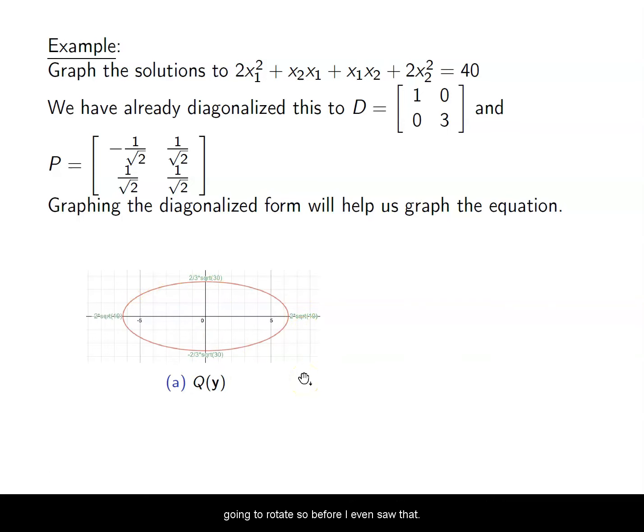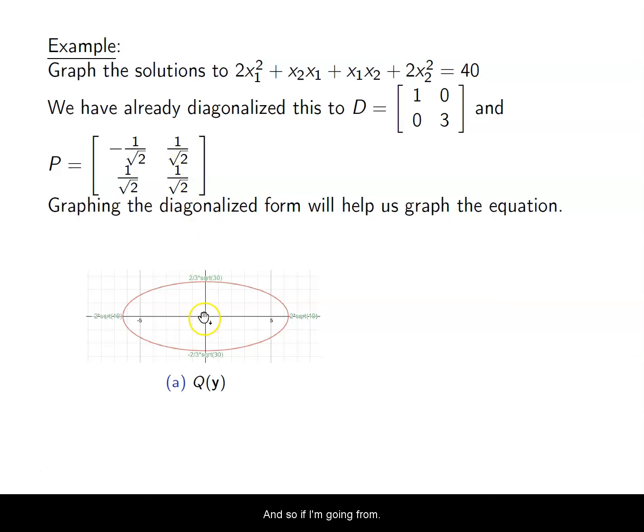So before I even show that, let's think about this again. This is a rotation matrix, right? Do you remember what our rotation matrix looks like? It looks like cosine, negative sine, sine, cosine, or something to that effect. For sine and cosine to have a value of 1 over root 2, that means that you are rotating by 45 degrees.